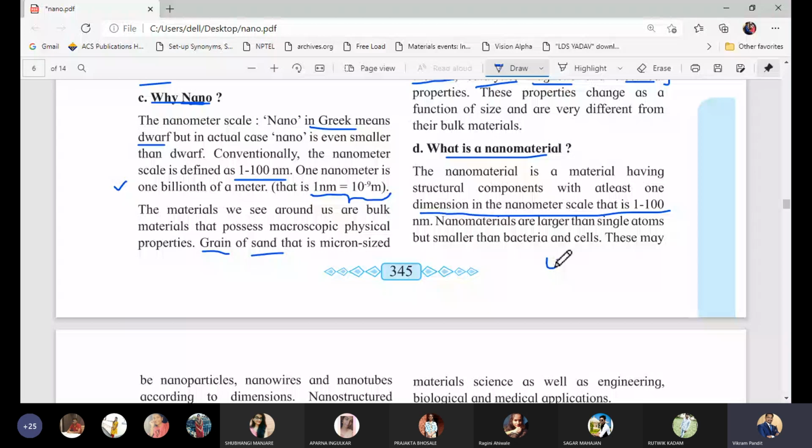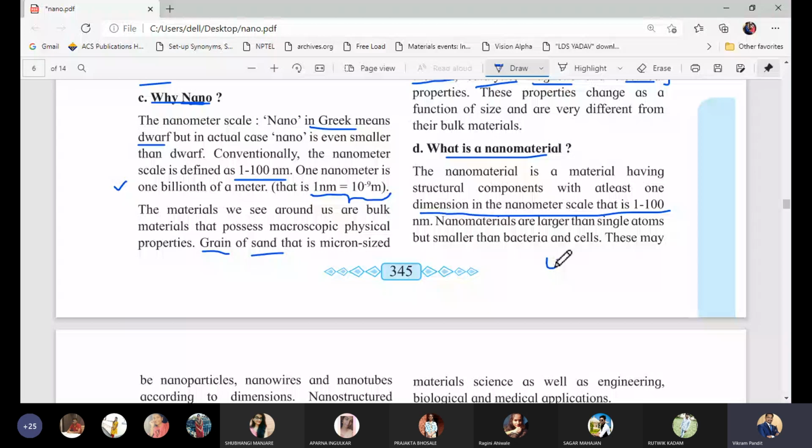Then in the 1 dimension, again if we label it as x, this will be y and this will be z. So what is 1 dimensional? It is a particle in which 2 dimensions are in the nanoscale. There are 3 dimensions, so if 2 dimensions are at the 0 scale and only 1 dimension is there, that will be 1 dimensional.